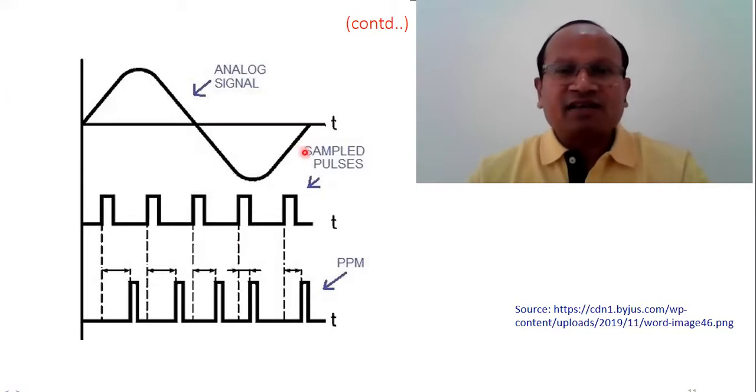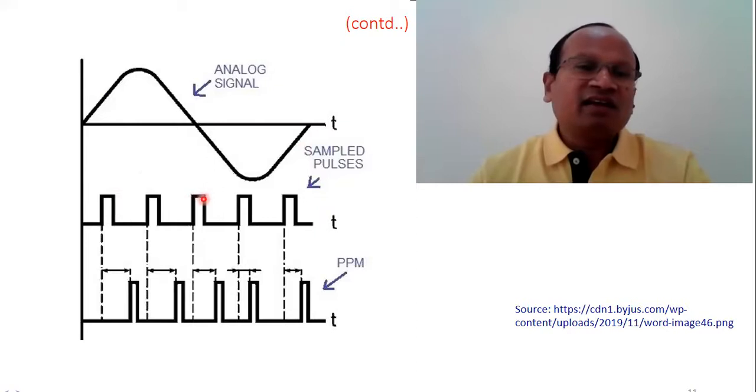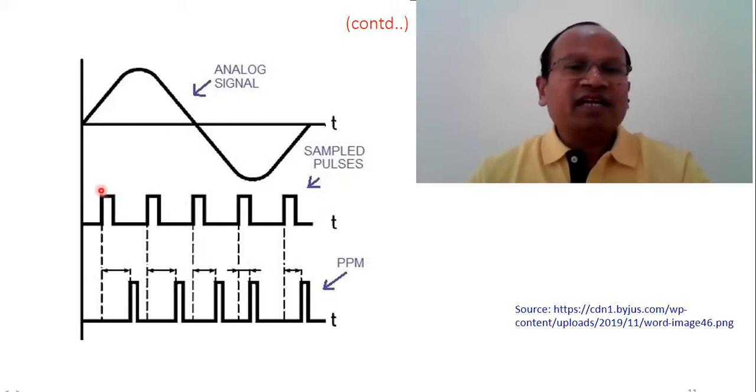This is the analog signal. This is, you can say, the pulsed carrier signal. If you look here, as the amplitude is increasing or decreasing, the position of the pulse is changing. Somewhere here you see that it has moved more. Here again it has moved, but this one, the shift is less.